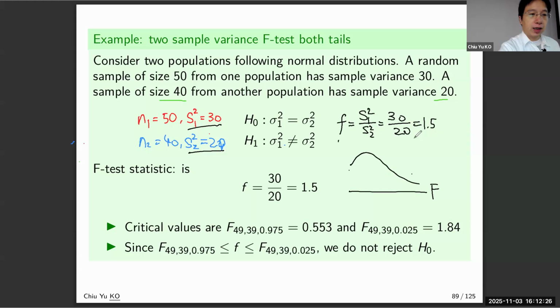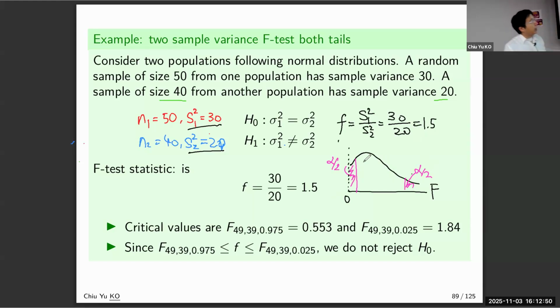And of course, remember, you will put alpha over 2 here and alpha over 2 here. And 0 is somewhere here, because the F cannot go below 0.